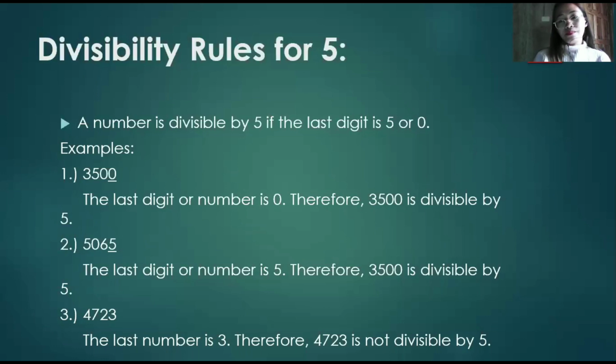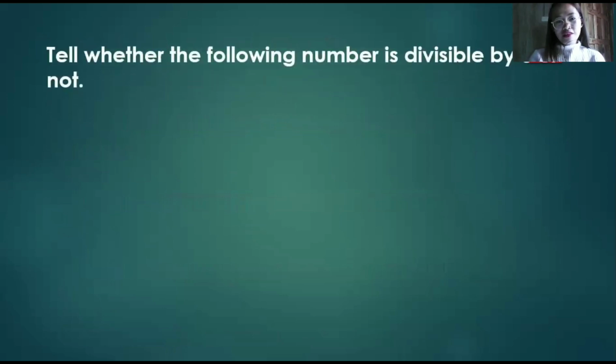Okay. So, I guess it is clear now. So, let us write down our divisibility rule for 5: a number is divisible by 5 if the last digit is 5 or 0. Okay. So, is that clear? So, let's have a short exercise.